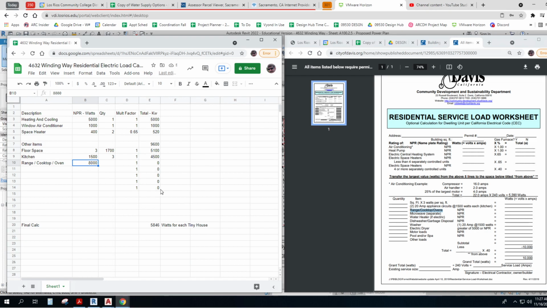And if you can actually go look up, you know, KitchenAid oven or whoever makes them, IKEA oven, and just look at the nameplate watts, that's what you put here. And there's going to be one of those. Microwave.